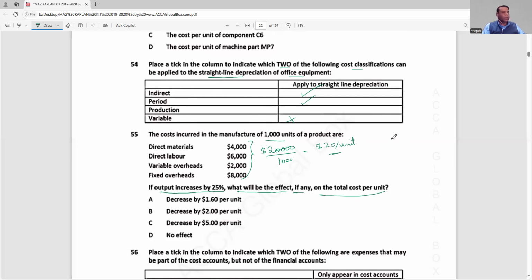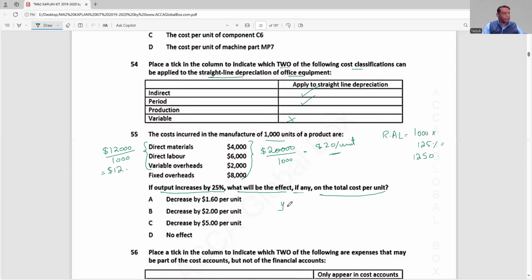Now he's saying that output is rising, so revised activity level is 1000 into 125%, which means 1250. Now we will calculate the revised total cost. Three of the costs are variable costs, 4,000, 6,000 and 2,000. So 12,000 is the variable cost which varies with the level of activity. Current activity level is 1000, so the variable cost per unit is $12.